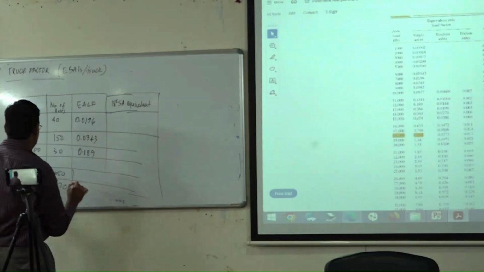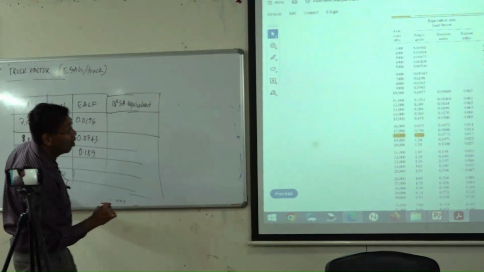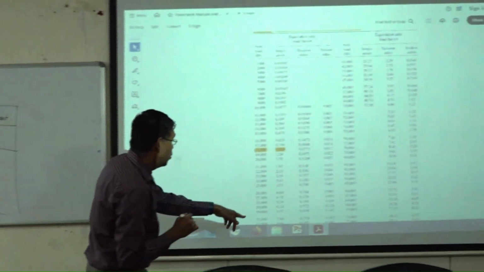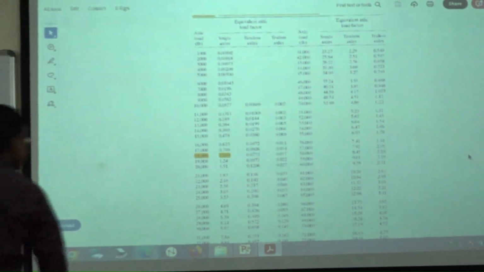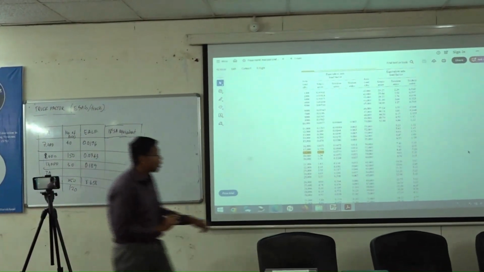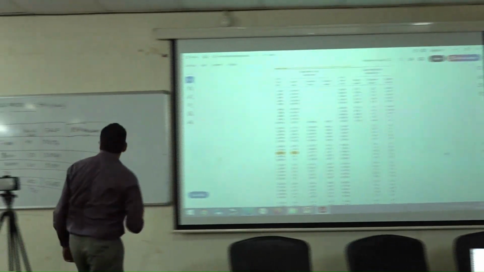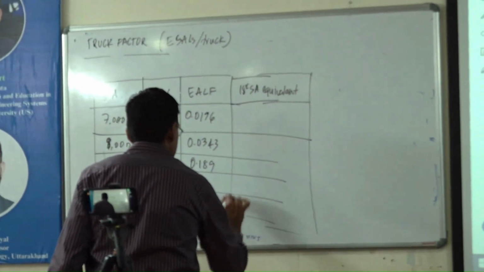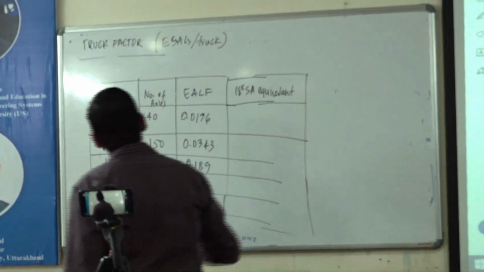For the tandem axle, 30,000, and 32,000 is right below, 0.658. And the last one I just by chance managed to capture, 0.857. Right, calculate the 18-kip single axle.